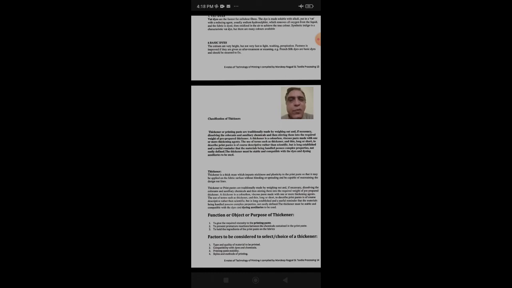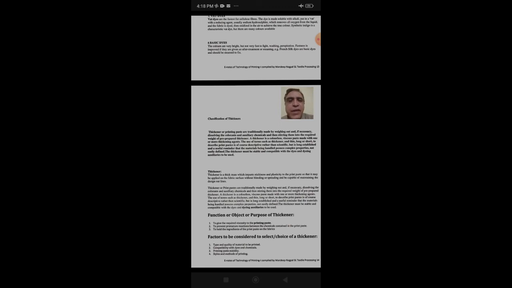Because these dyes have good all-round fastness properties, meaning washing, light, rubbing, perspiration fastness, etc. So that is why they are costly also. These are applied in alkaline conditions, and of course you will study about these dyes in the dyeing subject.